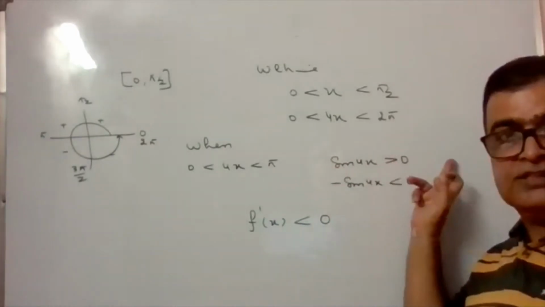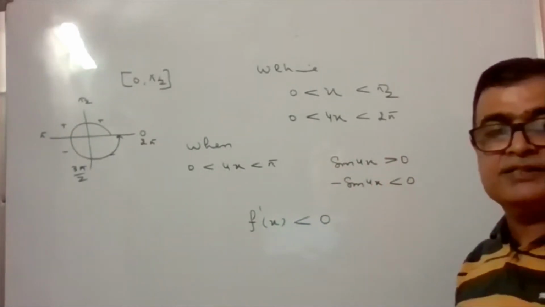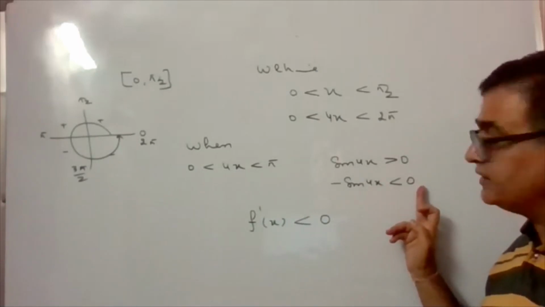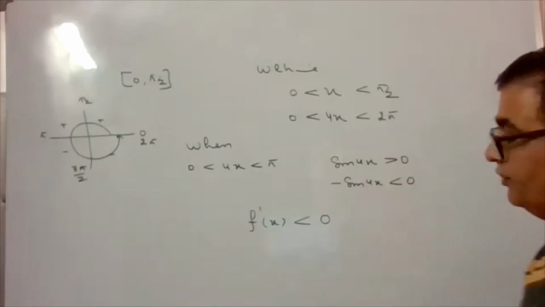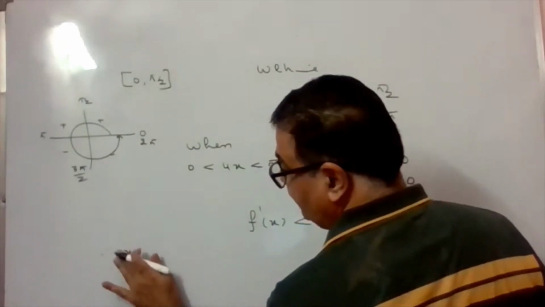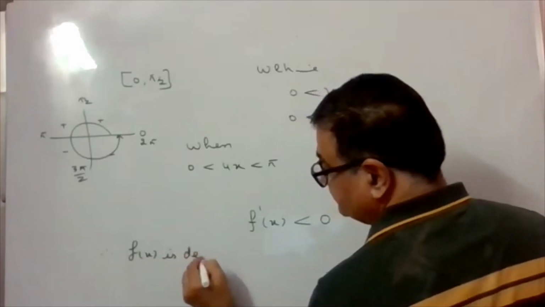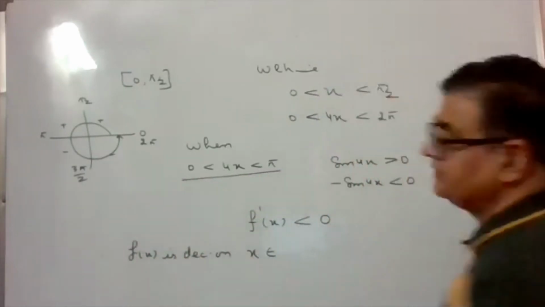First sin 4x is positive, minus sin 4x is negative. Why have we taken minus sin 4x? Because f dash x is minus sin 4x. So that means f dash x is coming negative. And if f dash x is negative, therefore f(x) is decreasing on x belongs to... Now find out what is x.